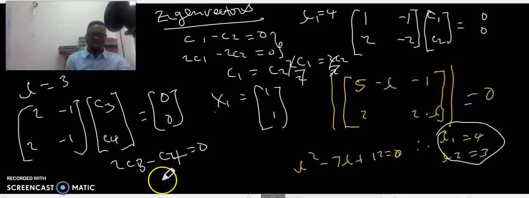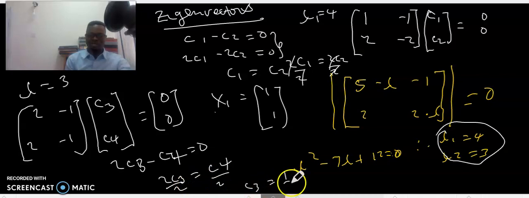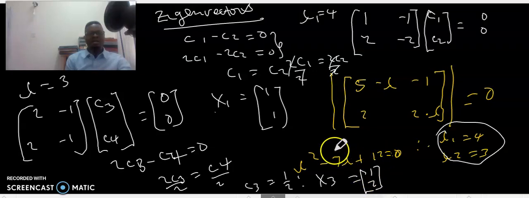So if you evaluate the value for x2, 2c3 will simply be equal to c4. Of course, divide both sides by 2, so that we will have c3 equal to 1 over 2, which implies that our x2 is simply 1 and 2. And this is how you can find eigenvectors and its corresponding eigenvalues.